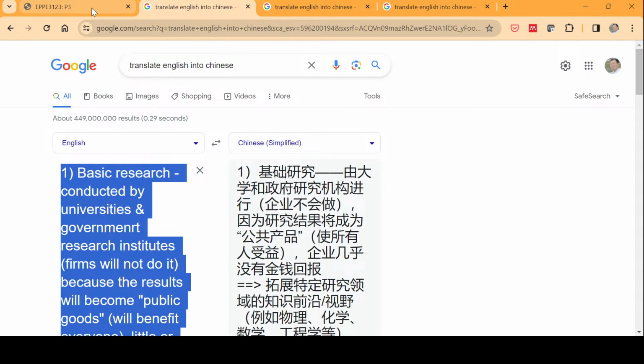From basic research, this will fit into applied research done by universities and government research institutes, and this is applied research done by private firms, and government firms if there are any, but mostly we call it firms. Firms will do the applied research.